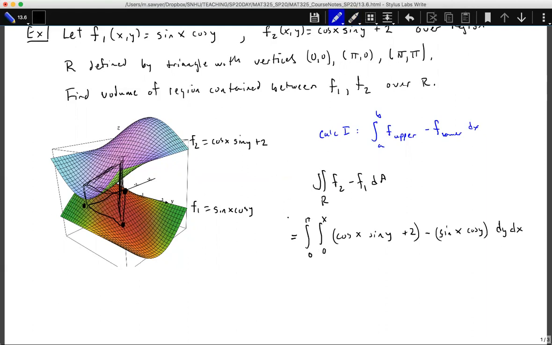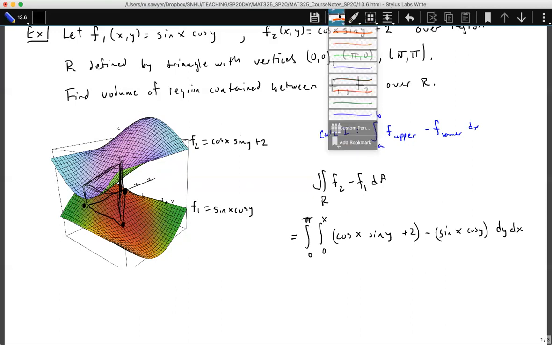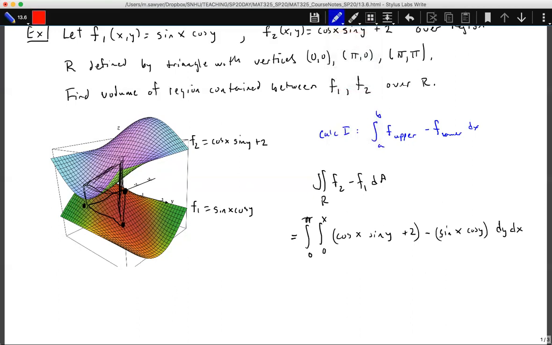To make clear where this region came from, if we think about what the triangle looks like, this line here is the line y equals x. We're making our rectangles as we build up our triangle.